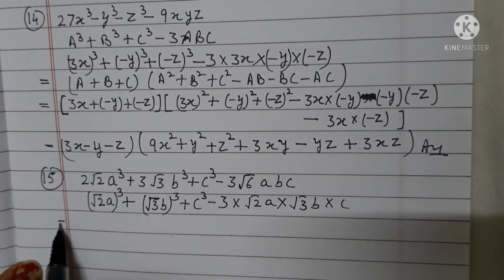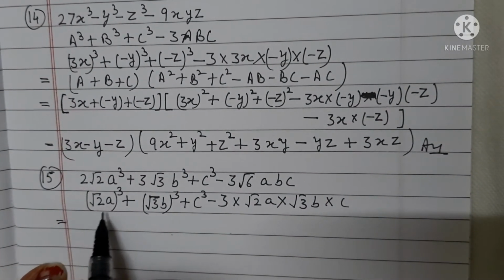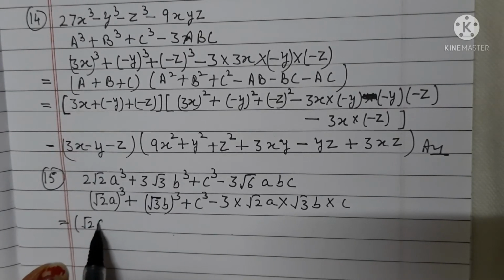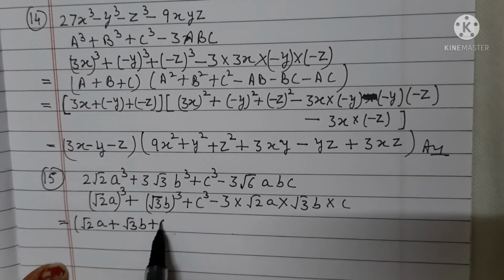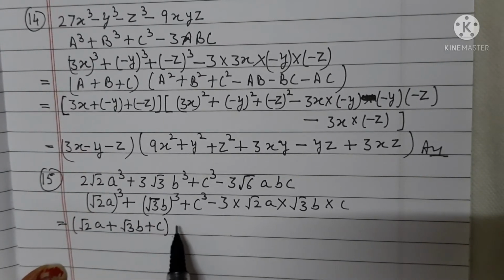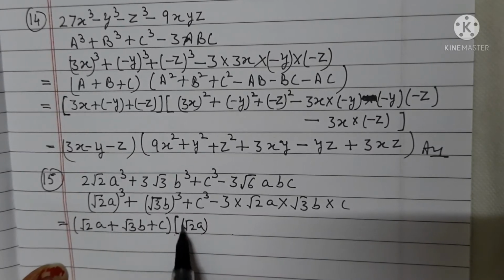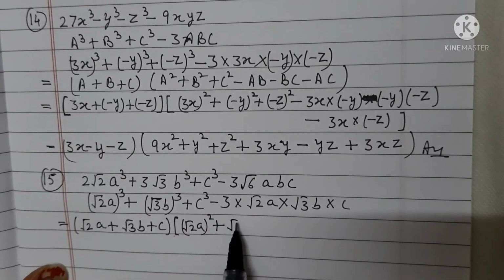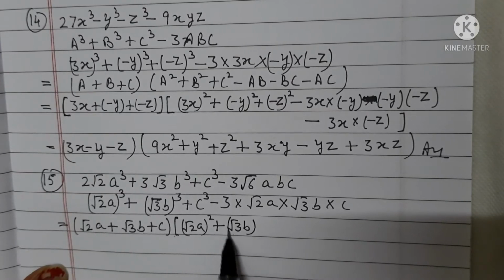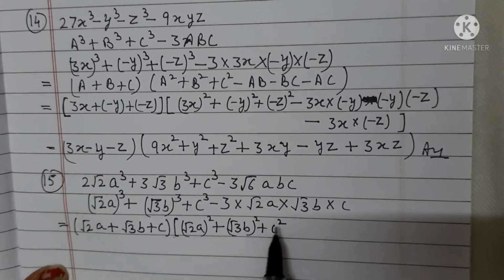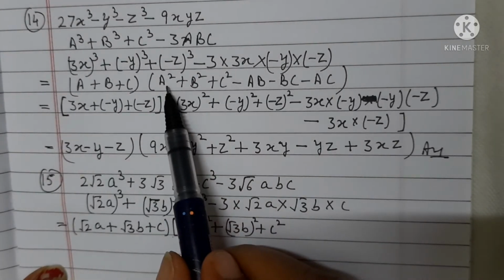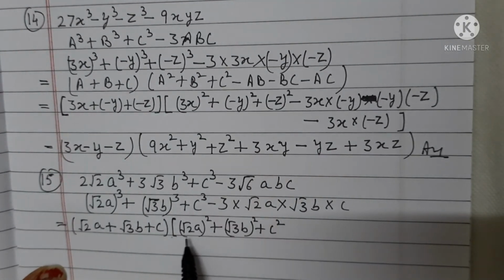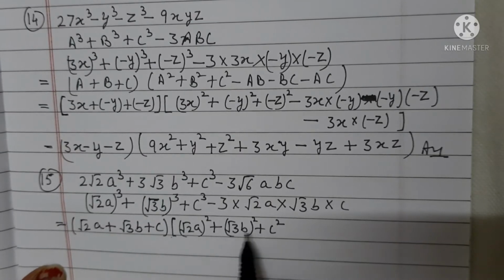So here a + b + c, where a is √2 a, b is √3 b, plus c. So (√2 a + √3 b + c). Now a² means (√2 a)², b² means (√3 b)², plus c². Here we are putting the values in a² + b² + c².